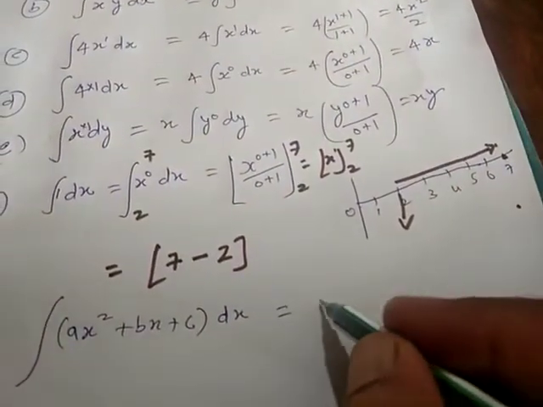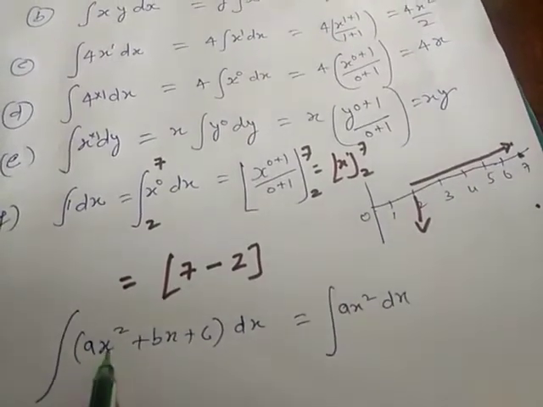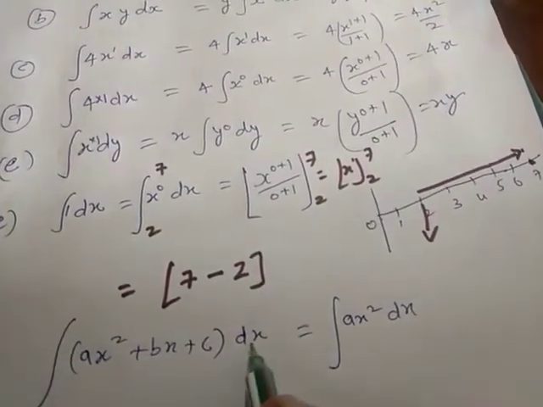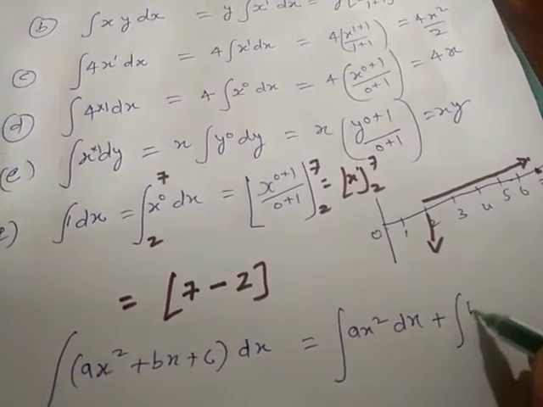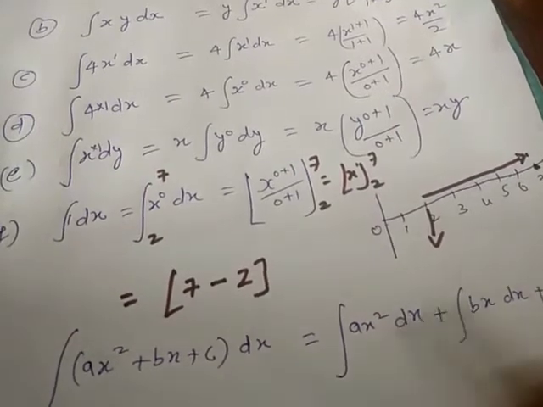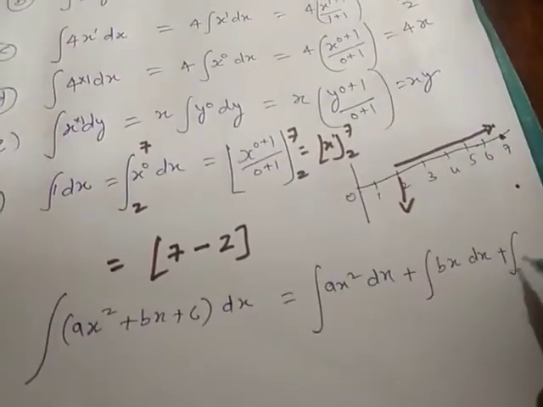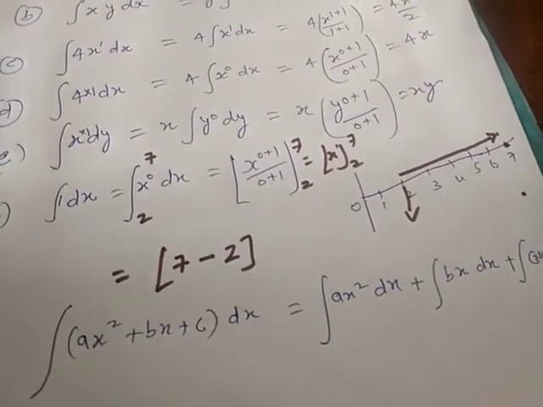So this is the integral of ax square into dx, one term, plus the integral of bx into dx, and now the third term is c, the integral of c into dx. C can be written as c into 1.